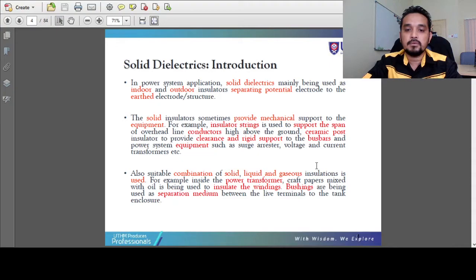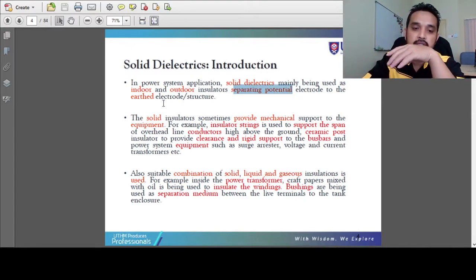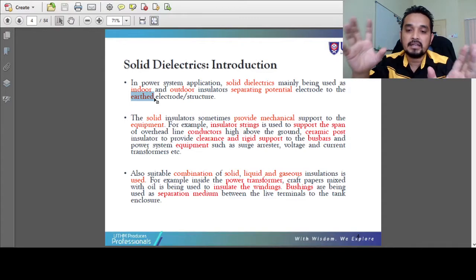In solid dielectric, normally it is used to separate the potential electrode and the earth structure. In many cases, it separates the earth object or earth structure and the high voltage or energized electrode.